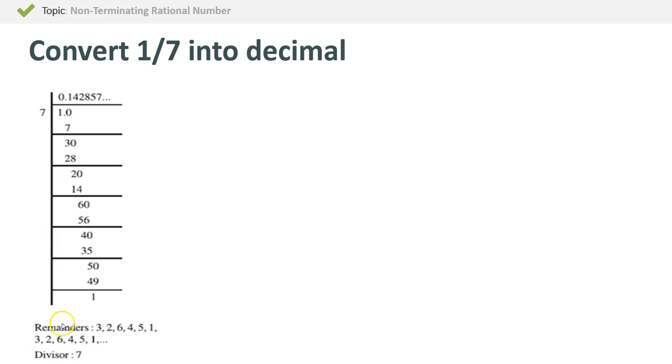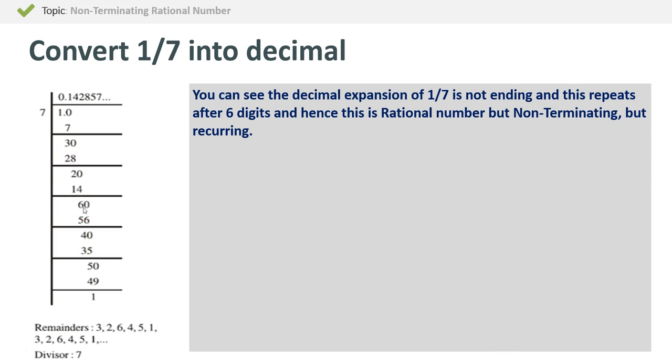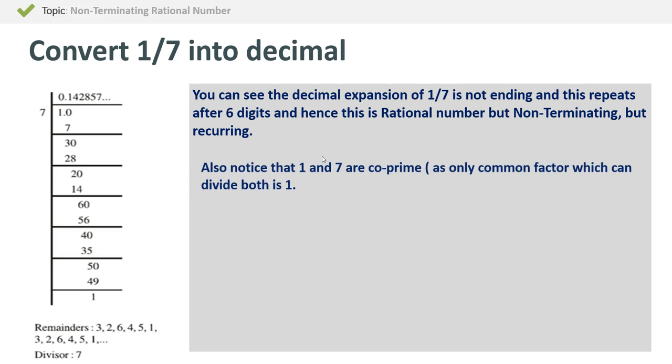So you will see it follows a unique pattern in the remainder. You can see the decimal expansion of 1 by 7 is not ending, and this repeats after 6 digits. And hence, this is a rational number, but non-terminating and recurring.